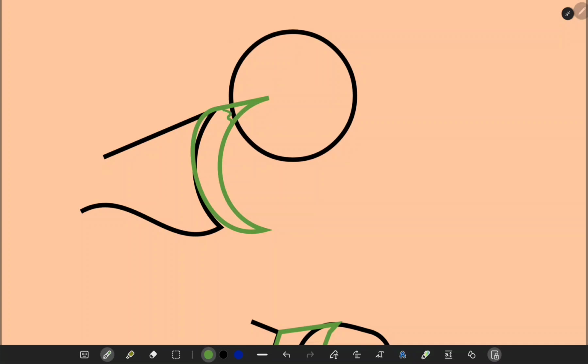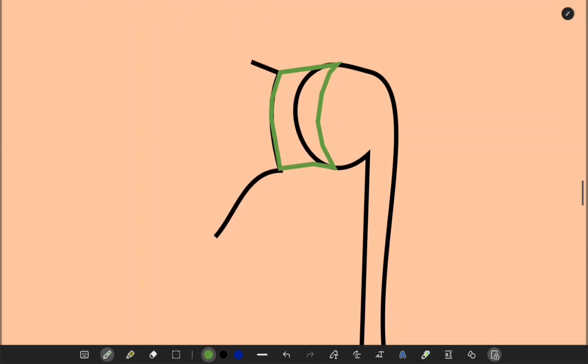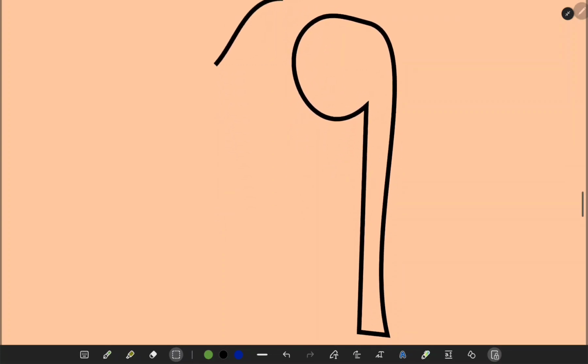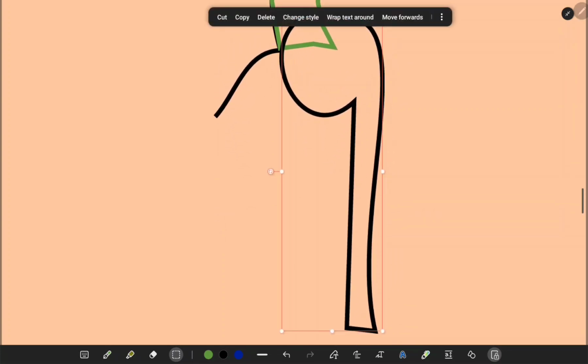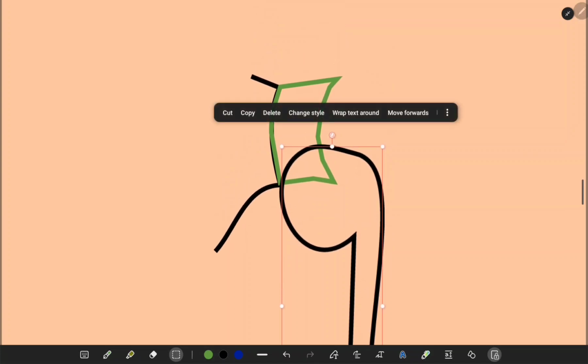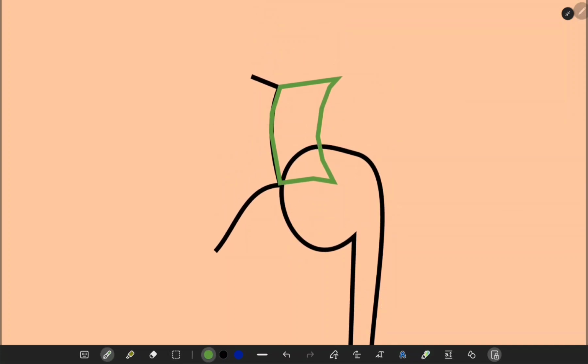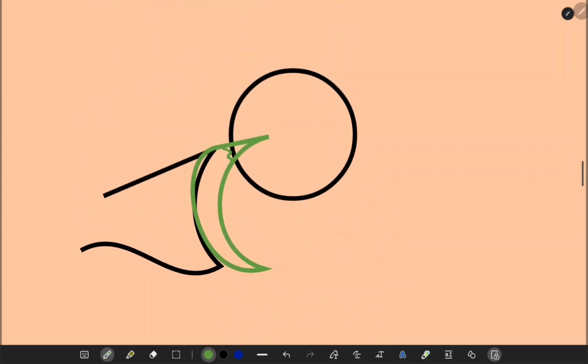Furthermore, if you take a coronal section, you can see that the shoulder has a propensity to dislocate inferiorly as well as anteriorly. So in a three-dimensional plane, you can see that the Bankart's lesion is in an antero-inferior fashion.